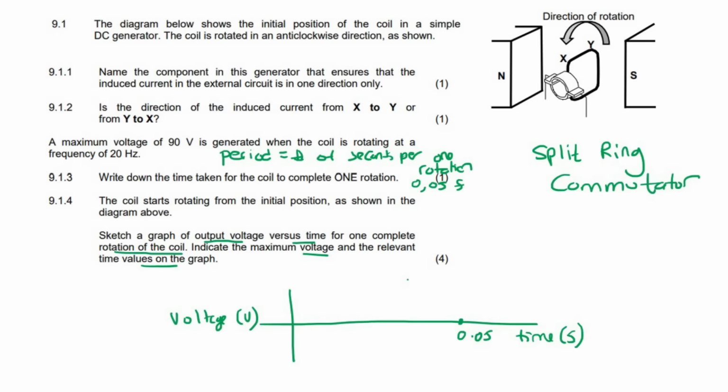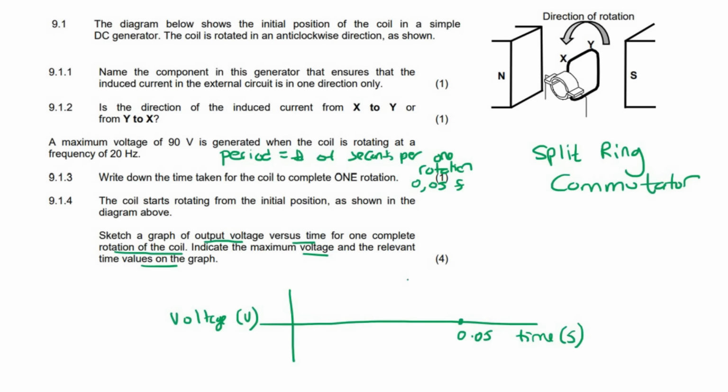Now we're going to get a graph with 5 parts: 1, 2, 3, 4, 5. Remember, we're not going to go underneath because this is a DC and not an AC.